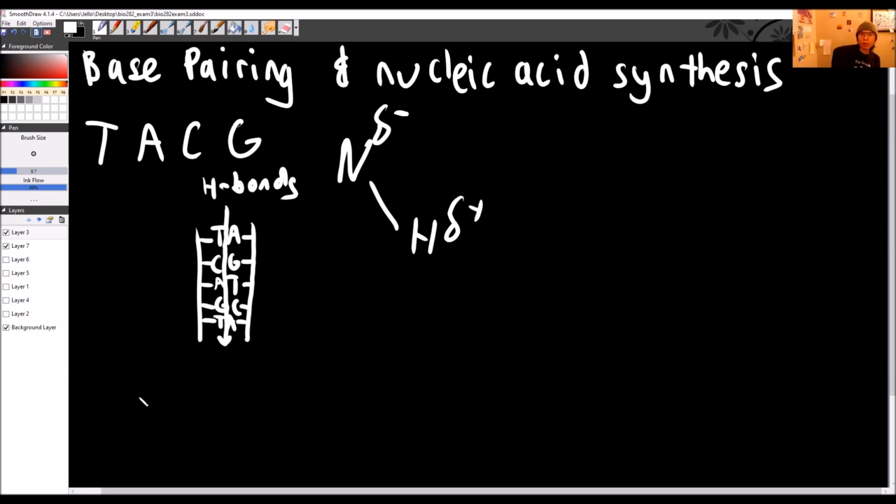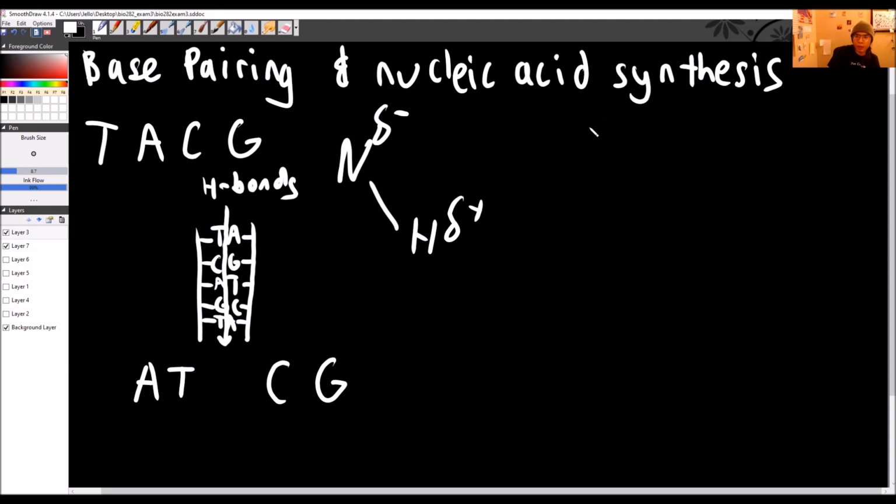How I like to remember these pairings is that T and A make the word at. And C and G look very similar in shape. A and T, at. C and G look similar. RNA has uracil instead of thymine. Uracil literally just takes the place of thymine.